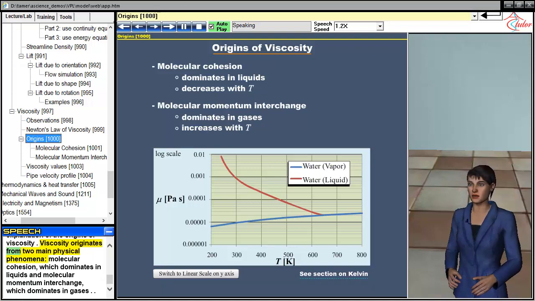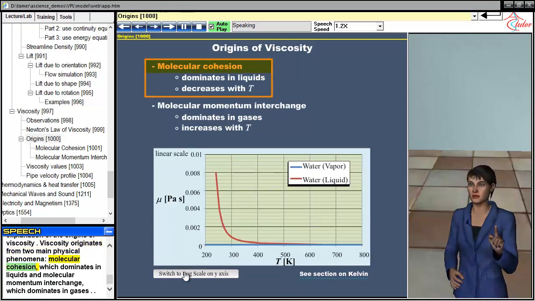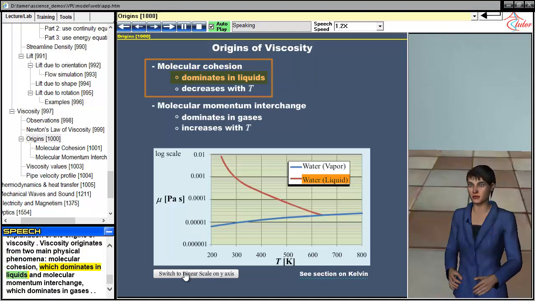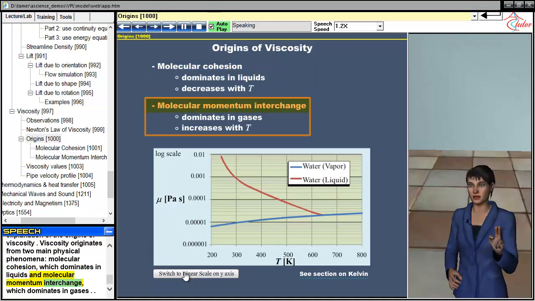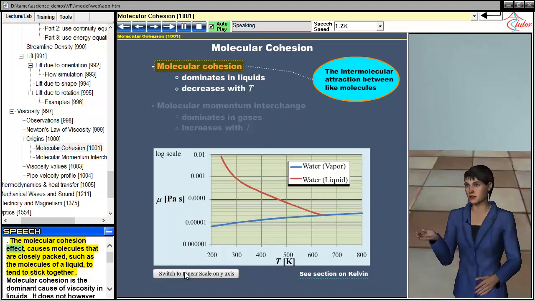Viscosity originates from two main physical phenomena: molecular cohesion, which dominates in liquids, and molecular momentum interchange, which dominates in gases. The molecular cohesion effect causes molecules that are closely packed, such as the molecules of a liquid, to tend to stick together.